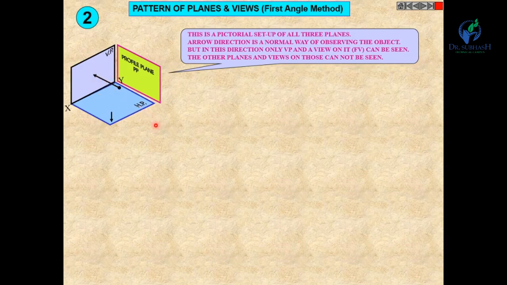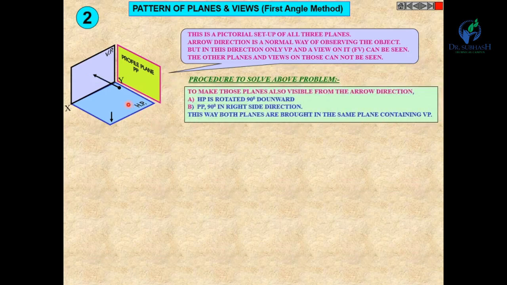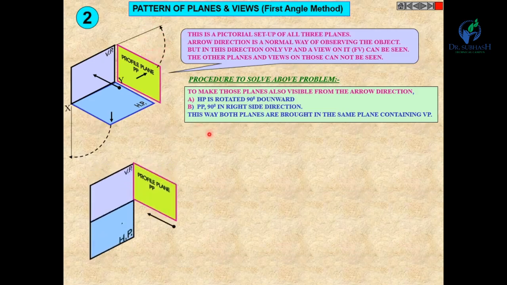So for that, what do we have to do? First of all, we have to rotate the HP 90 degrees downward, and also the profile plane 90 degrees in the right direction. By rotating the HP 90 degrees downward, you will see the final position.